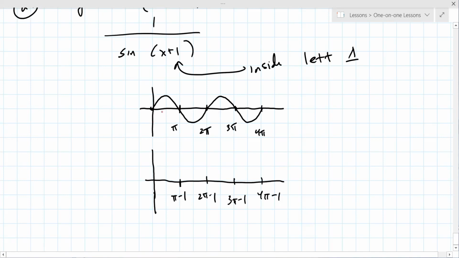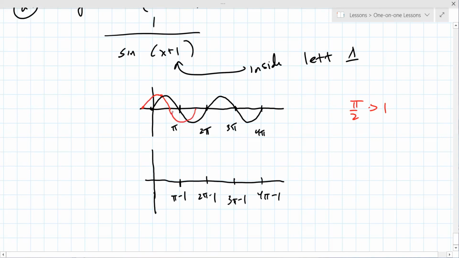Pi over 2 is a little bit more than 1. So you're not quite shifting it a whole square. It comes up here and it's going left, but not quite a whole square. Something like that.